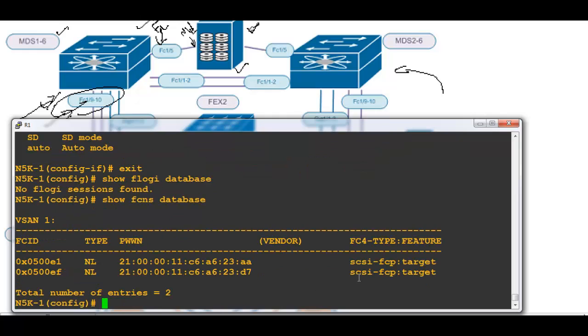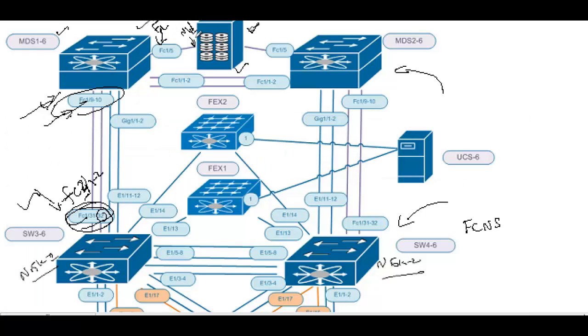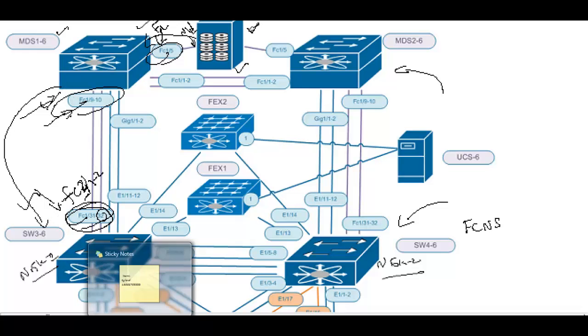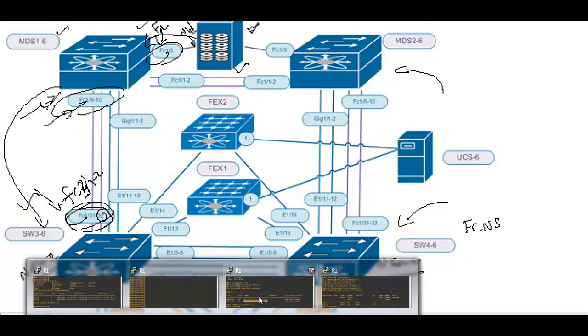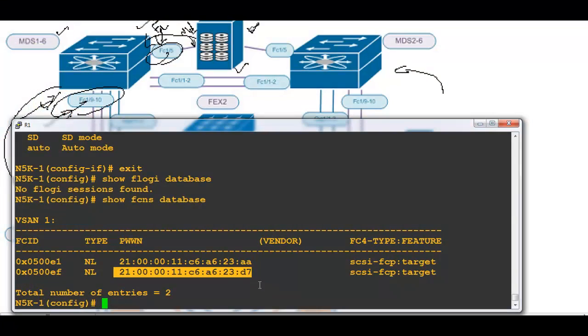Look at this. These are the 2 port worldwide names that got registered from the JBOD onto the MDS fc1/5, and through the distribution it has come down to 5K1. I want to compare and show you this.